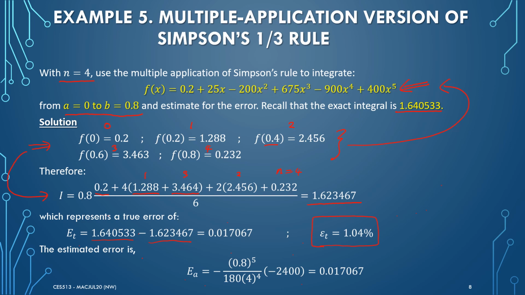While the estimated error, or the truncation error here, is equal to negative 0.8 to the power of 5 divided by 180 multiplied by 4 to the power of 4, and multiplied by negative 2400. This is the fourth derivative of the function. So we will get 0.017067.